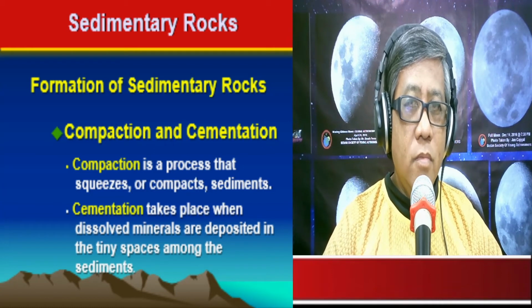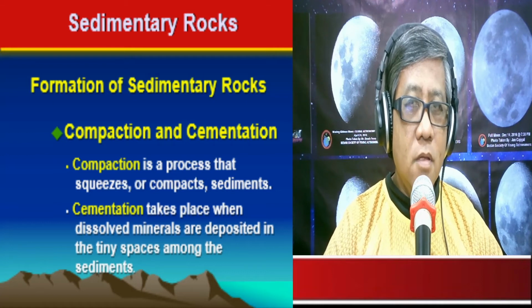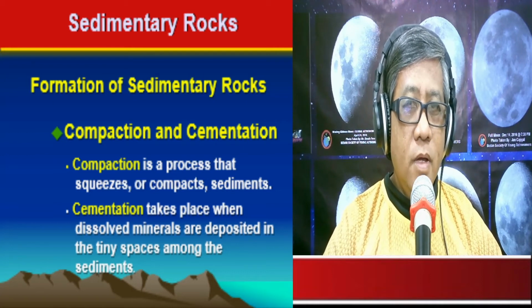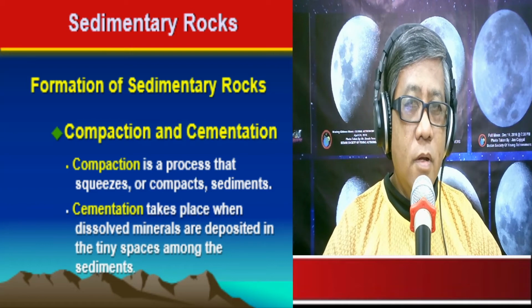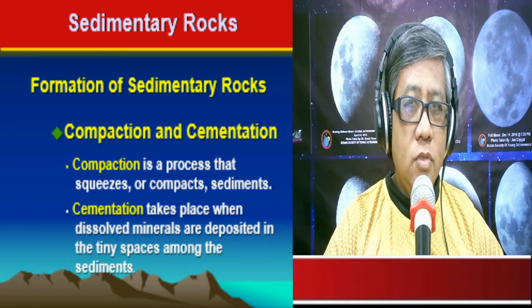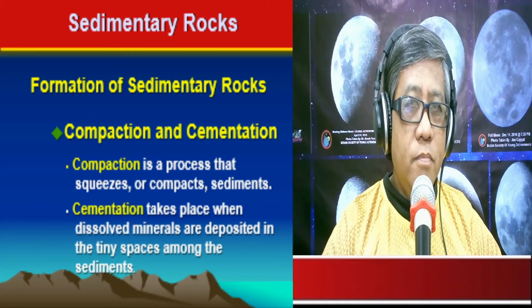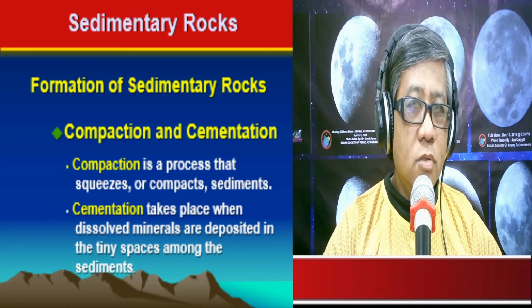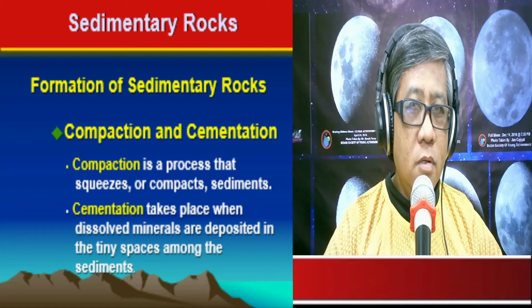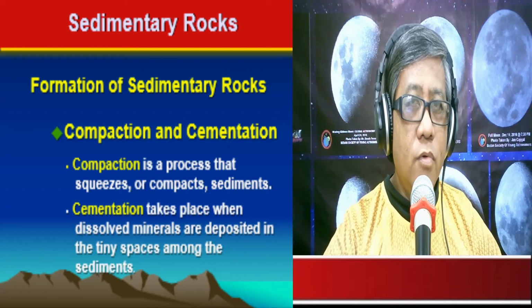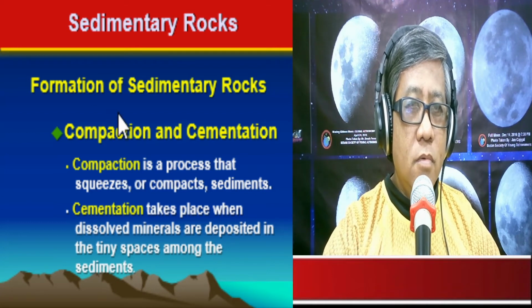Now the bottom layers get compacted or squeezed by the weight of the layers above them. And eventually, minerals are deposited in those tiny spaces among the sediments, and they get cemented together and hardened to form sedimentary rocks.